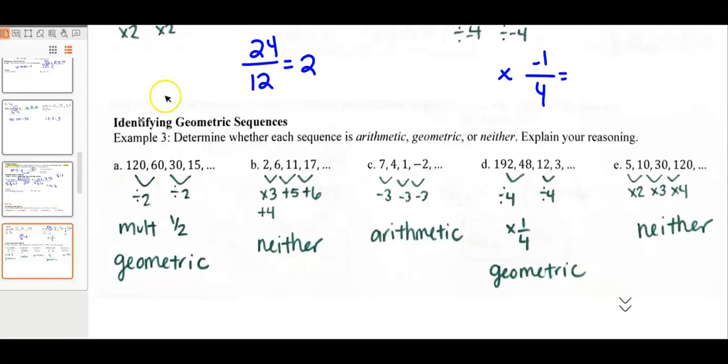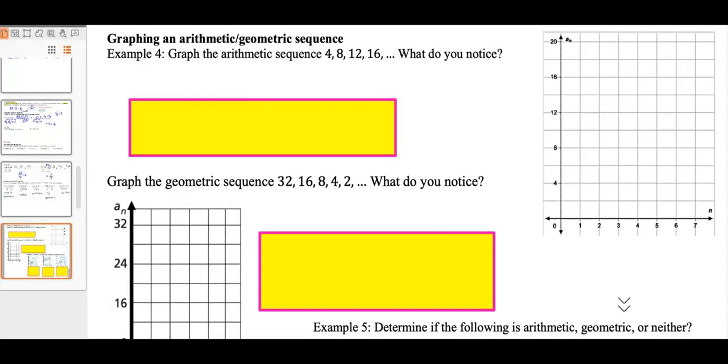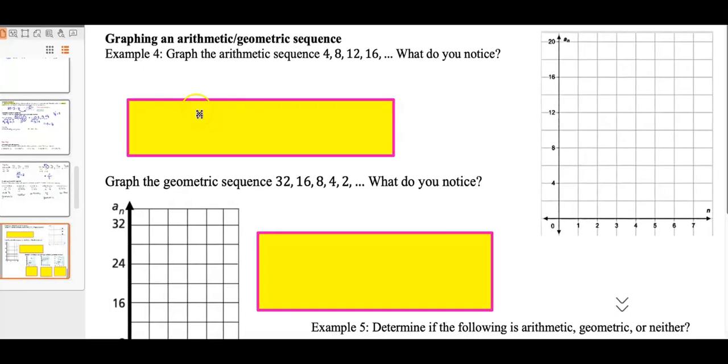So now we're going to take a look at some graphs. So graphing. Example 4, graph the arithmetic sequence, and what do we notice? So when we're graphing, we need an ordered pair. I only have one set of numbers, so we're going to say that 4 is the first number, 8 is the second number, the third number is 12, and the fourth number is 16.